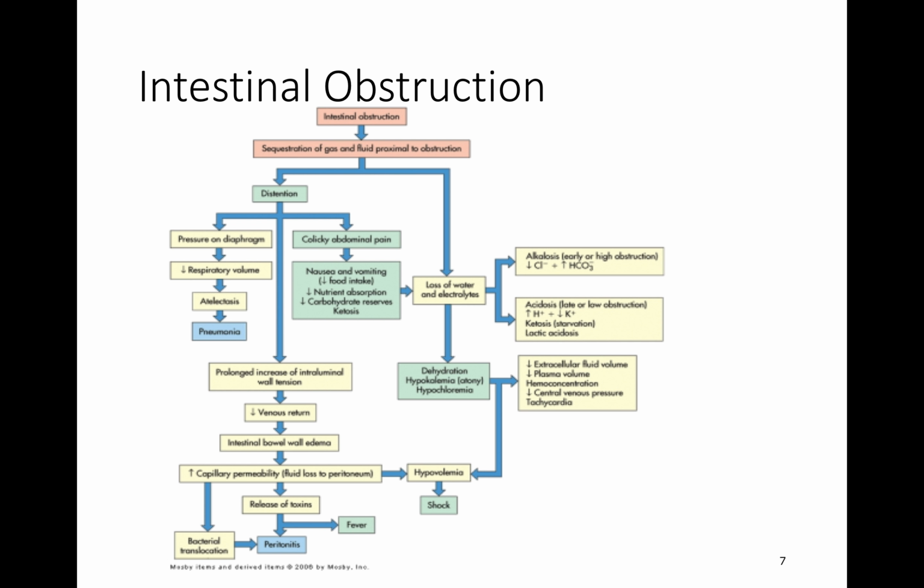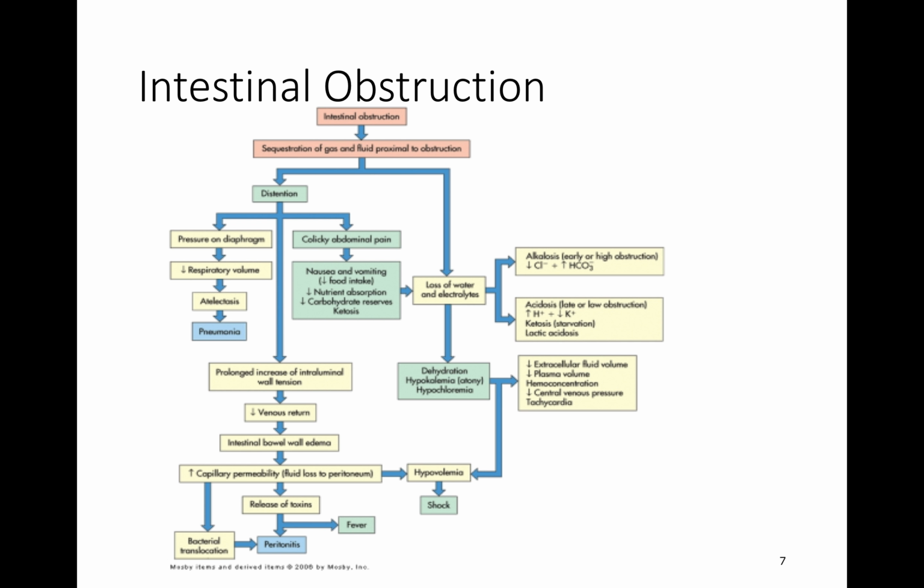Pressure on the diaphragm, and whenever you have pressure on the diaphragm, you're going to have a diminished respiratory volume, atelectasis, pneumonia. Colicky abdominal pain can lead to nausea and vomiting, diminished absorption, dehydration, loss of water and electrolytes.